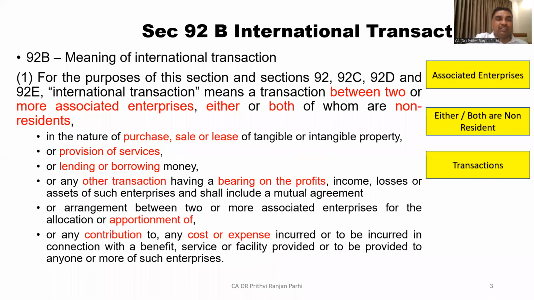If I show you the provisions here, if you see 92B(1), it is talking about either or both of whom are non-resident. Specifically, it is mentioned, it is very clear. To define an international transaction, either or both the parties should be non-resident.